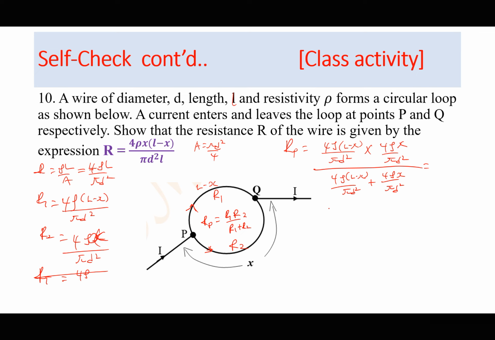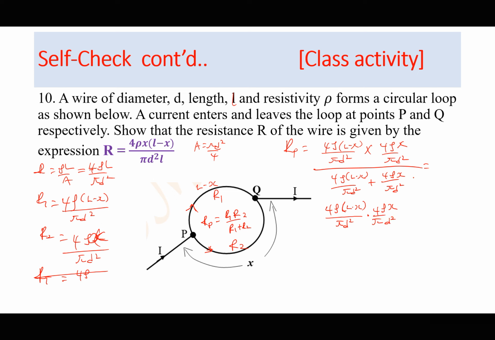So in the numerator, I have 4 rho into L minus X divided by pi d squared times 4 rho X over pi d squared.